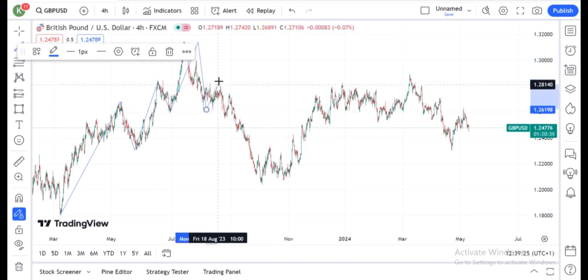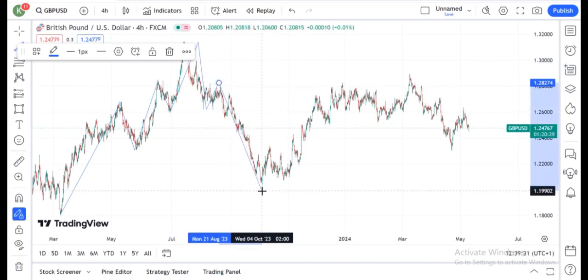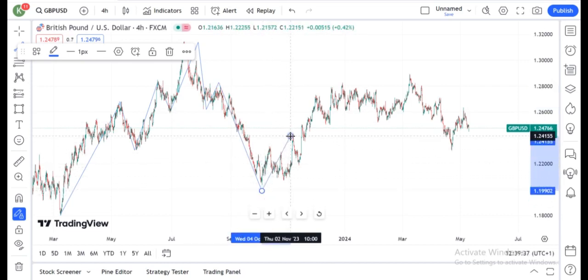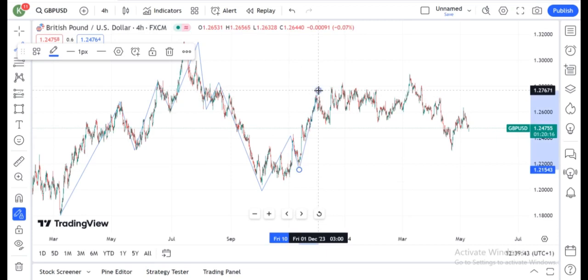And then it made a little lower high, and then it gave this low. Can you see that? And then it gave a little lower low, and then it made this low, and then it made this high, and then it made this low.